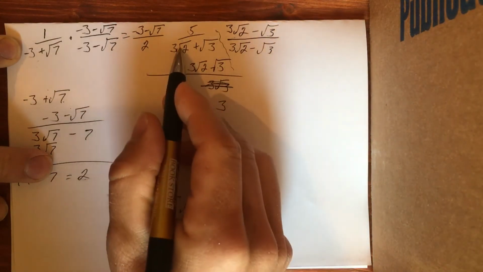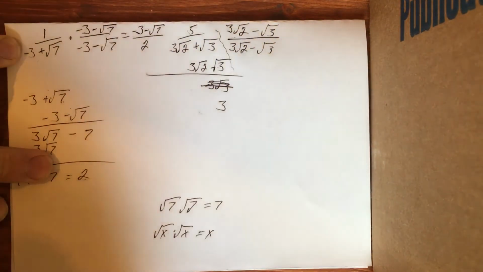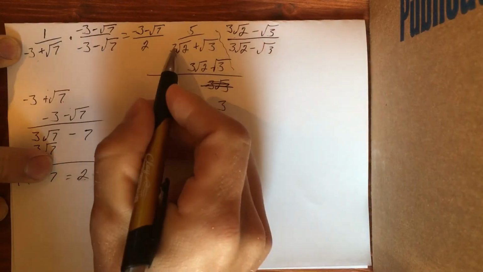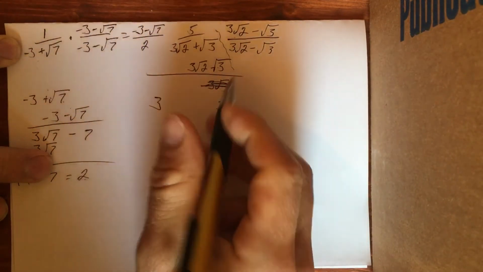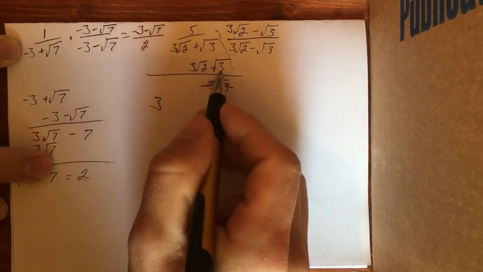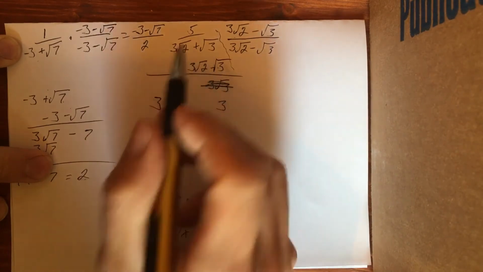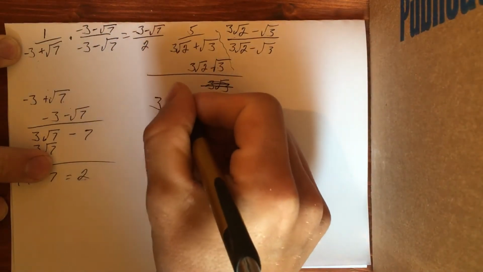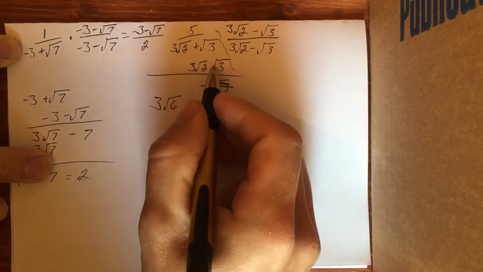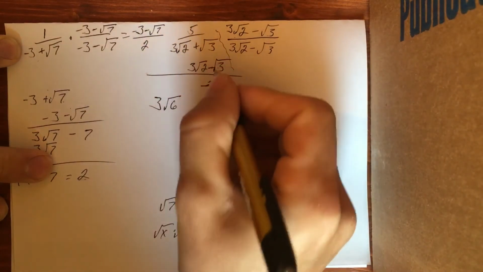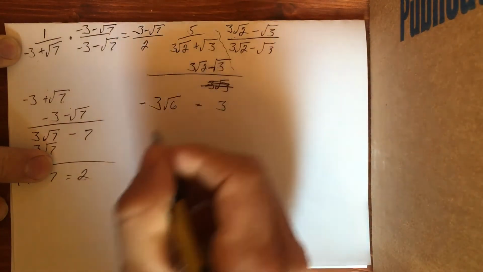Then the square root of 3 times 3 the square root of 2: let's keep our 3 out front, the coefficient, and multiply the square roots. 3 times 2 is 6, so 3 square root of 6, and it's positive here.